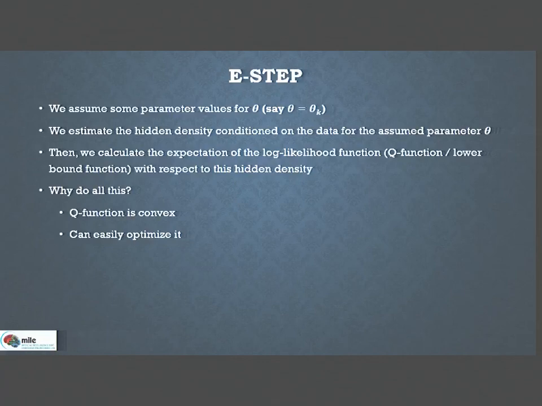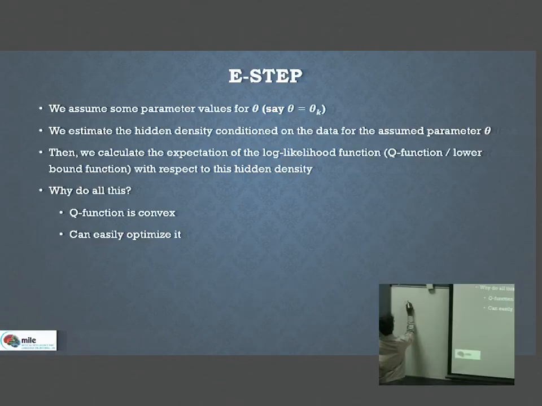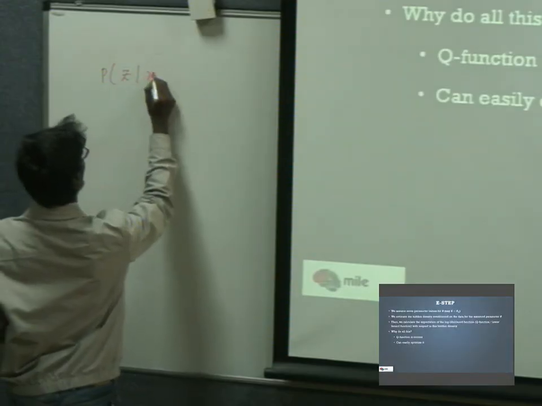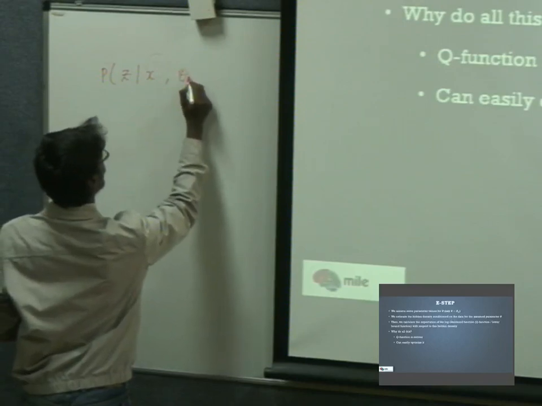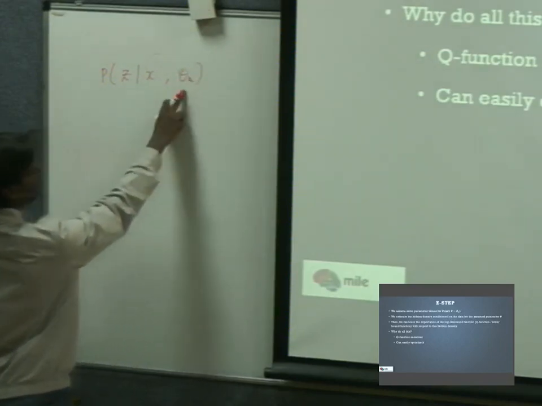And as I told you earlier, we have to assume some values for the parameter theta. Let us call it theta k, okay, for the first step. Then we calculate the density function P of z given x, theta k, that is the density of the hidden variable with the data given and whatever the assumed parameter that we have.